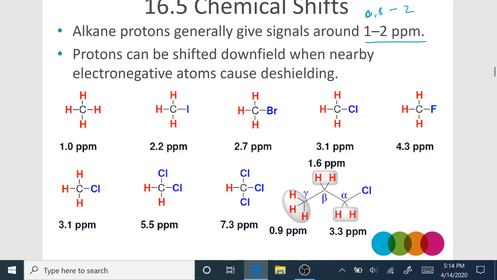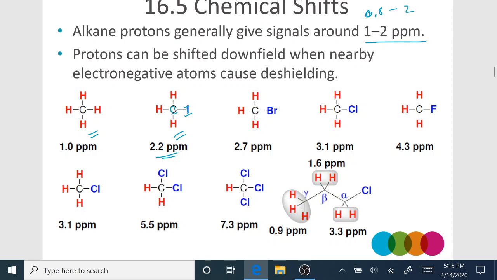So a regular alkane is around 1. If you put, say, an iodine on there, you know iodine is electronegative, that's going to withdraw electron density. So the hydrogens that are directly attached to the carbon bearing the iodine are going to come in at around 2.2. So we're adding about 1.2 ppm per iodine to that carbon, okay?